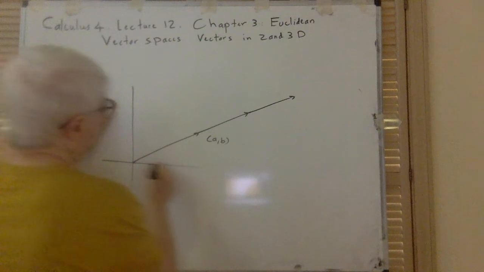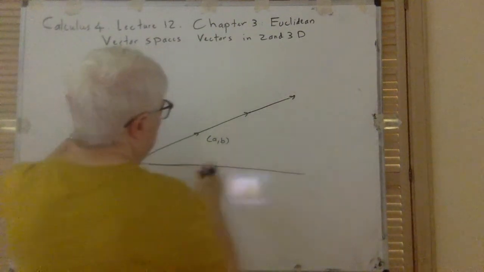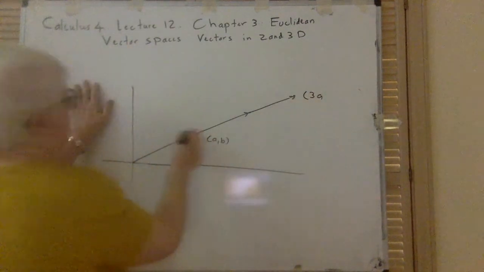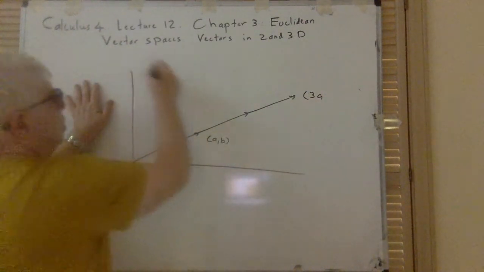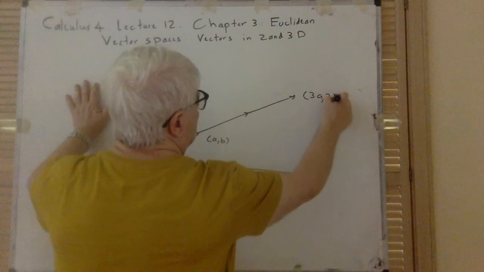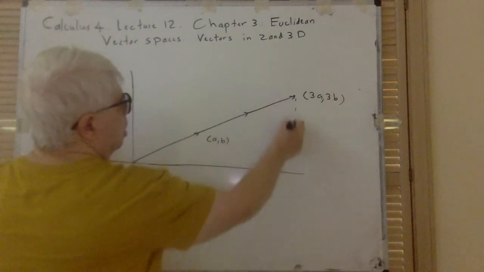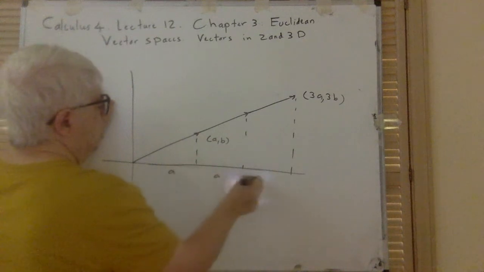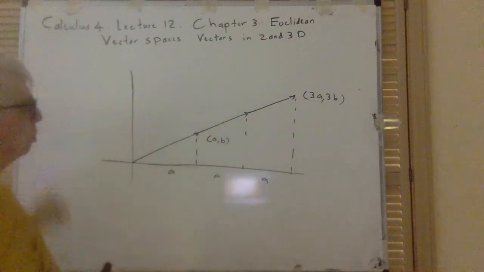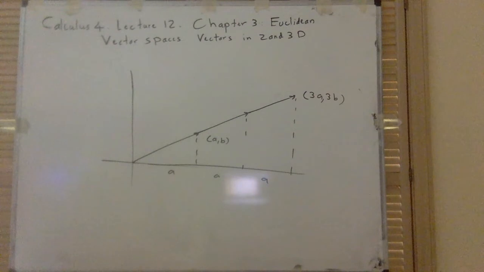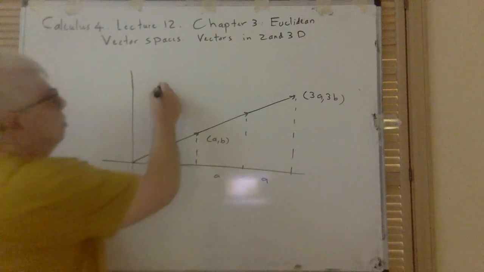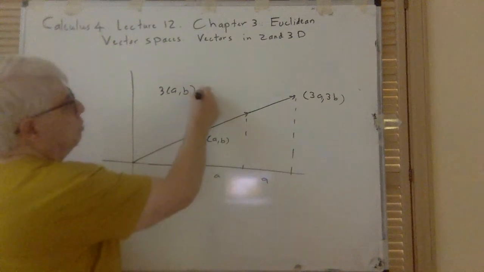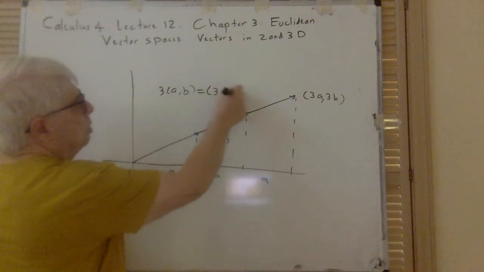So what is the x-coordinate of this endpoint? It is A, so it is 3A. And this is B, so it is 3B. Right? Geometrically, that's 3A, and also for B. So 3 times AB is in fact 3A and 3B.